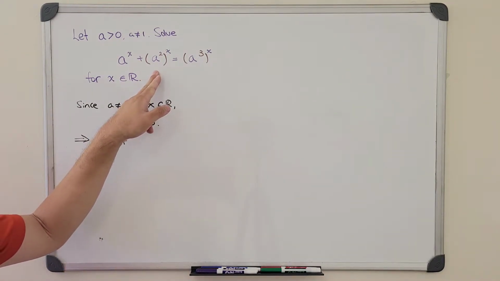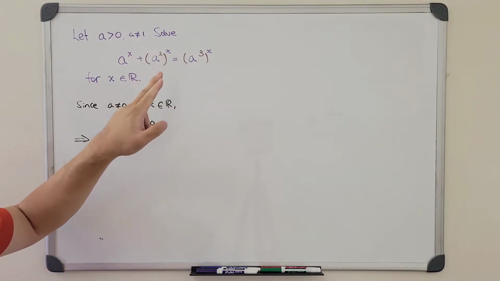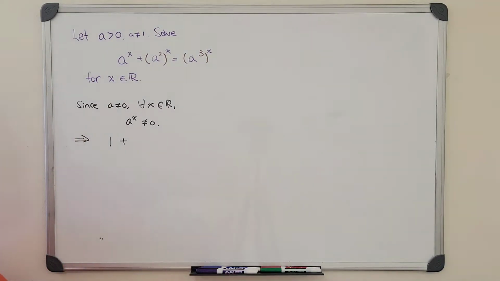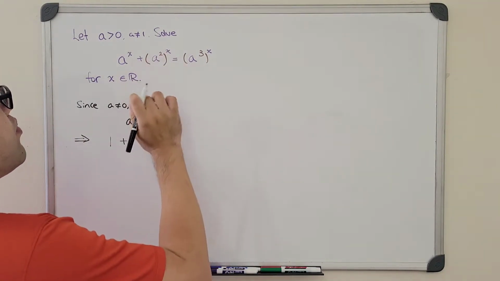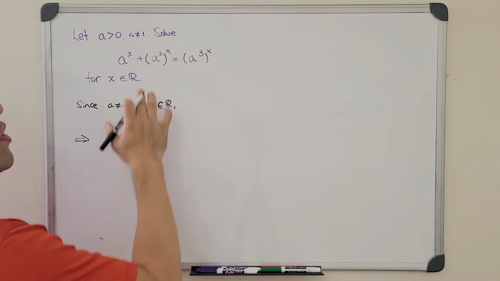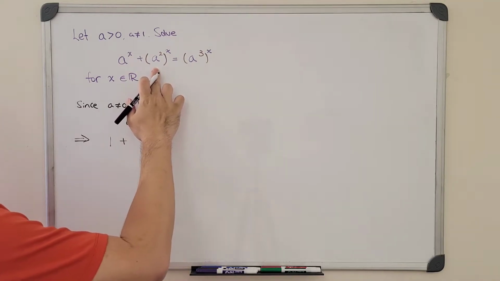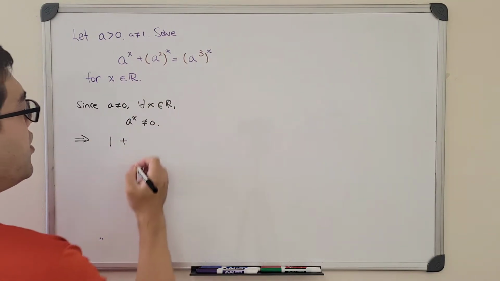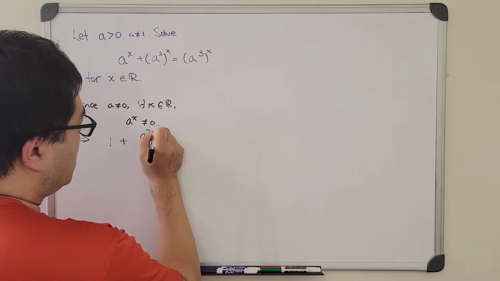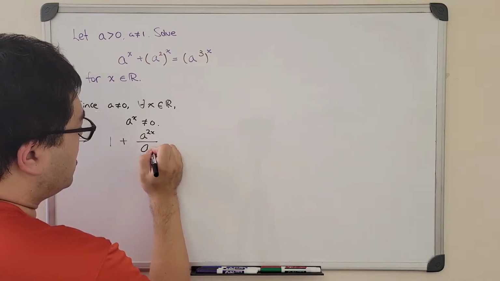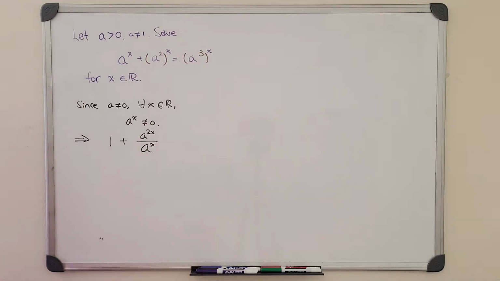Now remember, when we say a to the second power to the x power, by one of the rules of exponents, we can just take the product of the exponents, meaning this middle term is equal to a to the 2x power. So if we take the middle term divided by a to the x power, we get a to the 2x power divided by a to the x power.